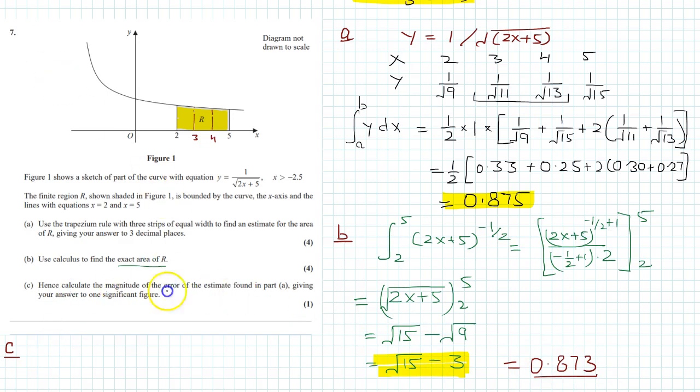So the magnitude of error, so percentage error will be, the first one we calculated was 0.875 minus 0.873 divided by 0.873, and this whole multiply 100 to convert it into percentage.